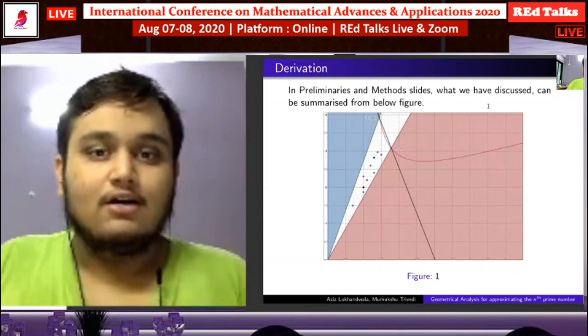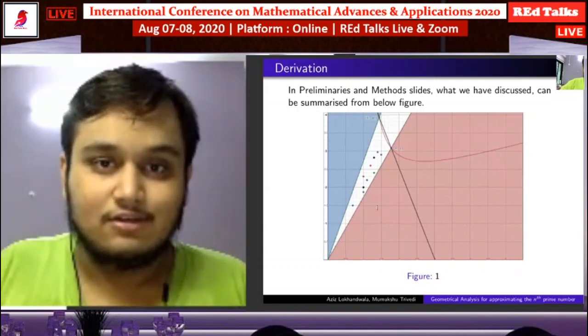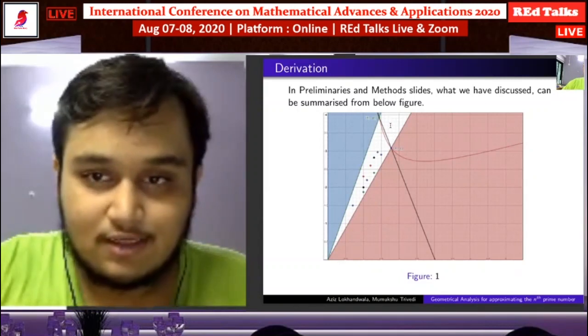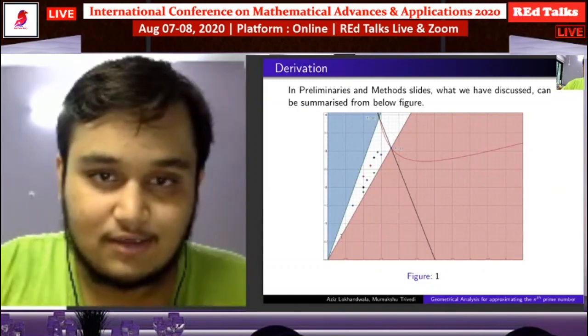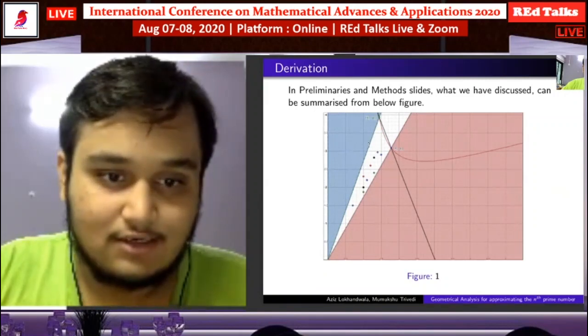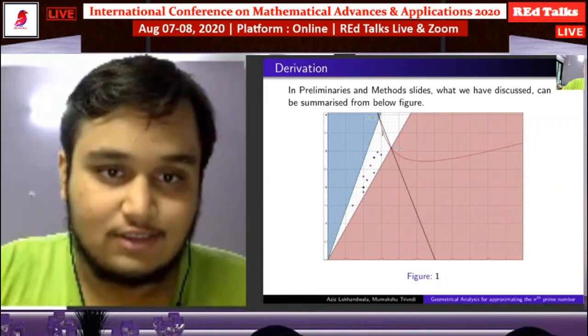Now, this is a visual representation of what we have done up to here. Suppose this red part is the curve represented by y equal to x over log x. Now we make two lines from origin, this green one and this red one.